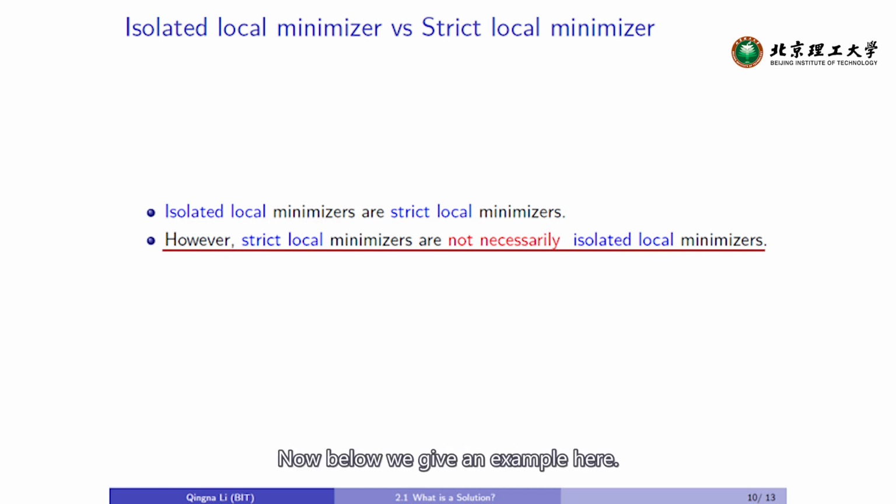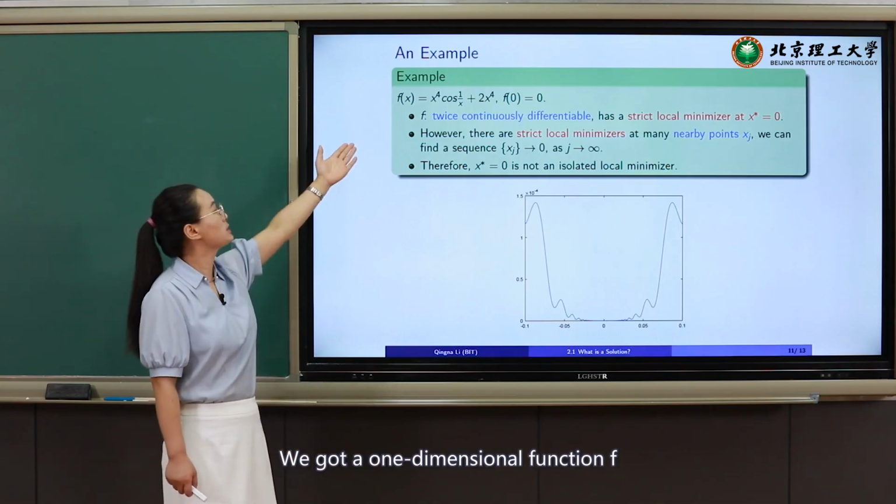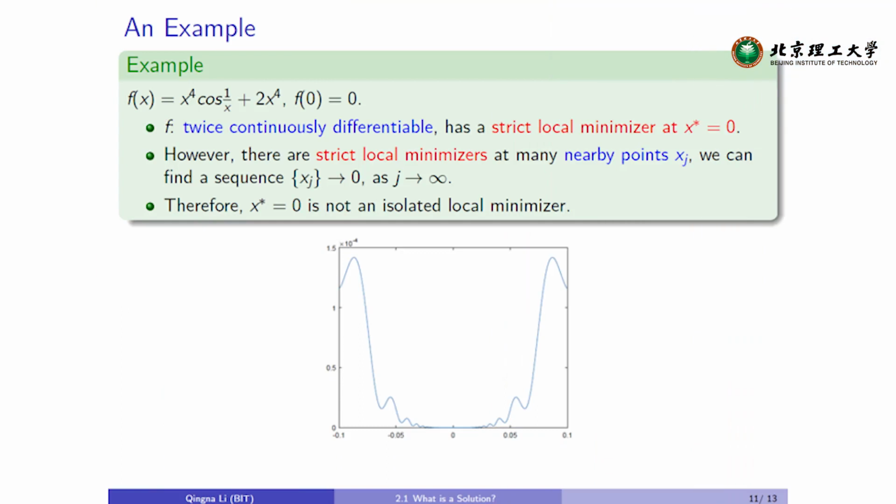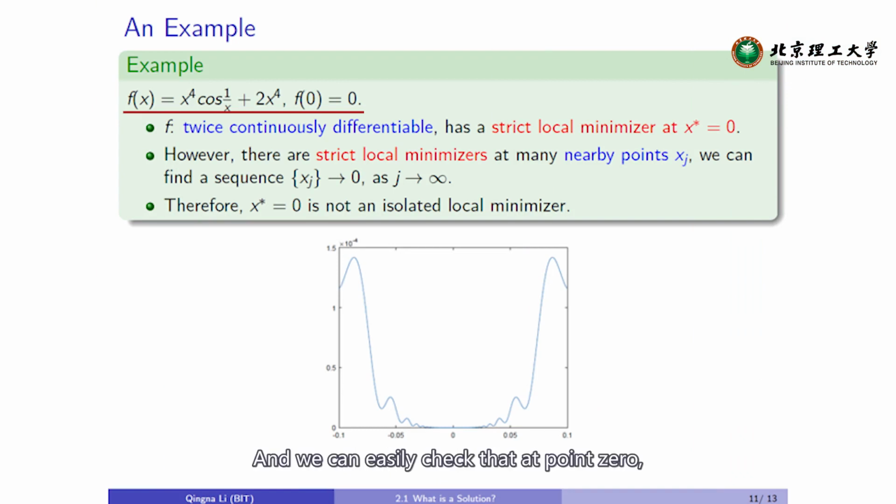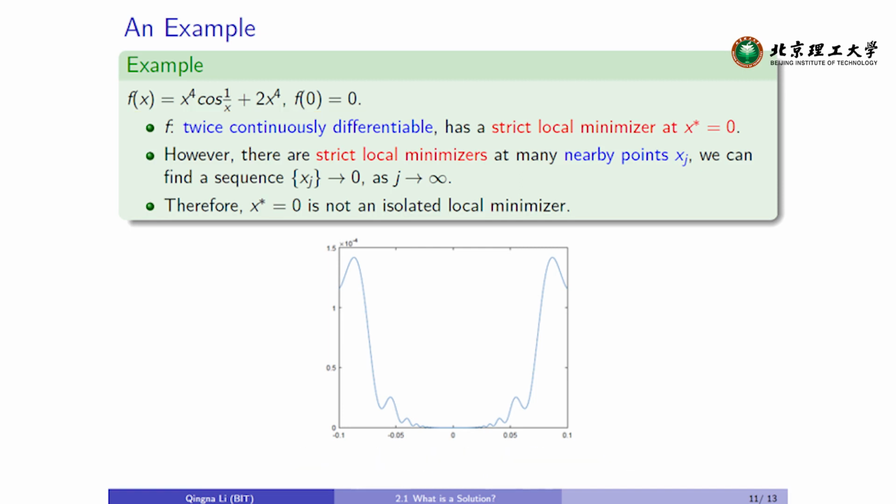Why? Below, we give an example. We have a one-dimensional function f equals x to the power 4 times cosine of 1 over x, plus 2 times x to the power 4, and we can easily check that at point 0, the function value is 0.